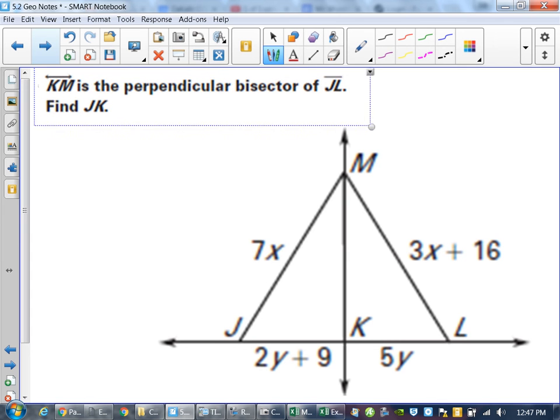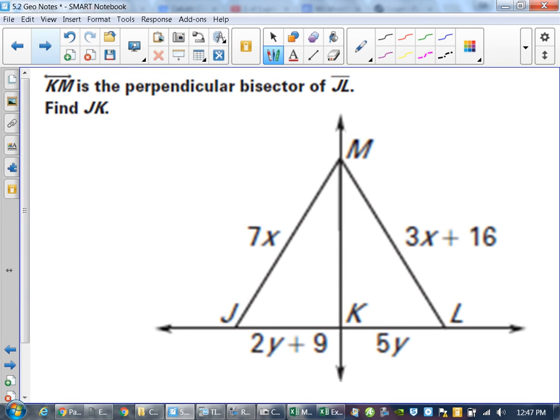You'll be given information and a diagram. It'll tell you that something is a perpendicular bisector. And just like we did before, we always mark diagrams.